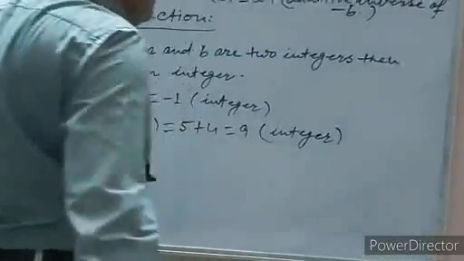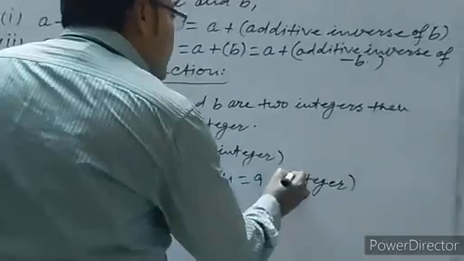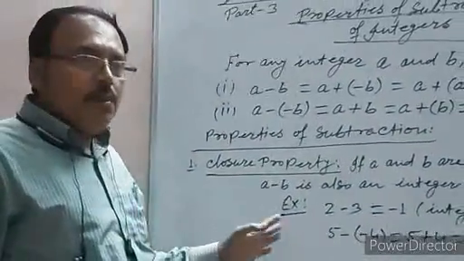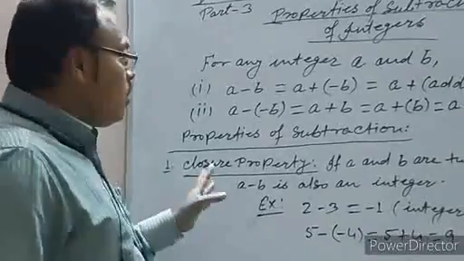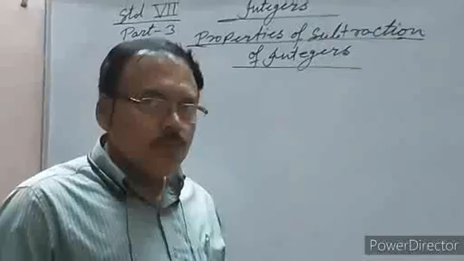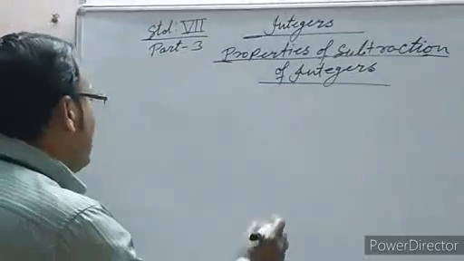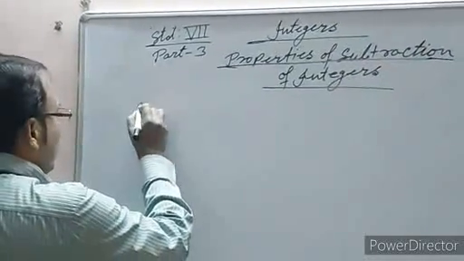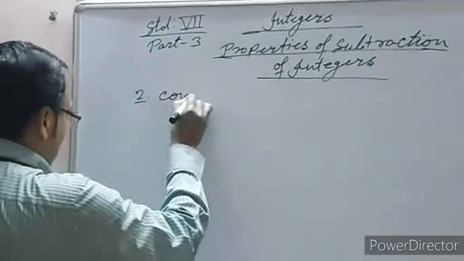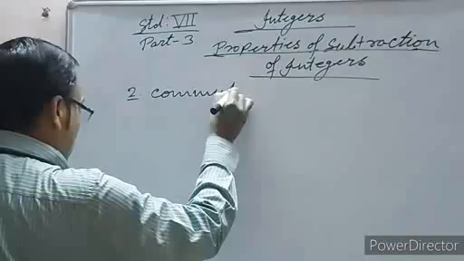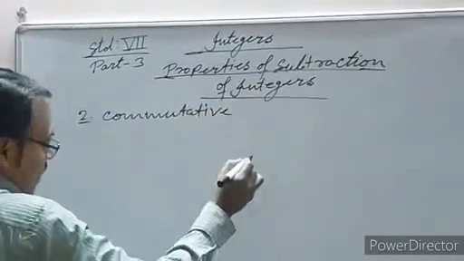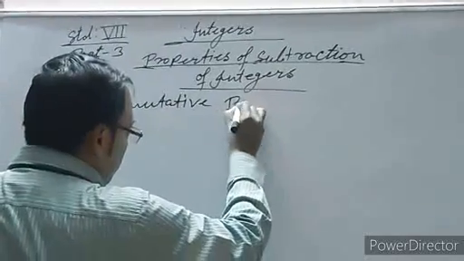So this property is also valid. Okay, so closure property is valid for subtraction of integers. Next we see the commutative property. Second property is commutative property.